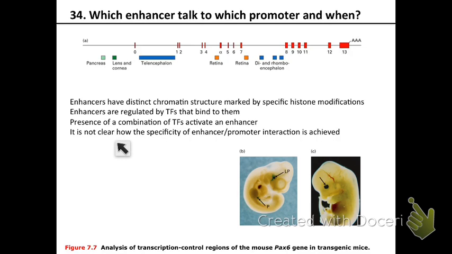But what we still don't understand is how the specificity of enhancer-promoter interaction is initiated. That is, how does this enhancer interact with the promoter of the gene and control its transcription, versus that enhancer interacting with the promoter of another gene, right?